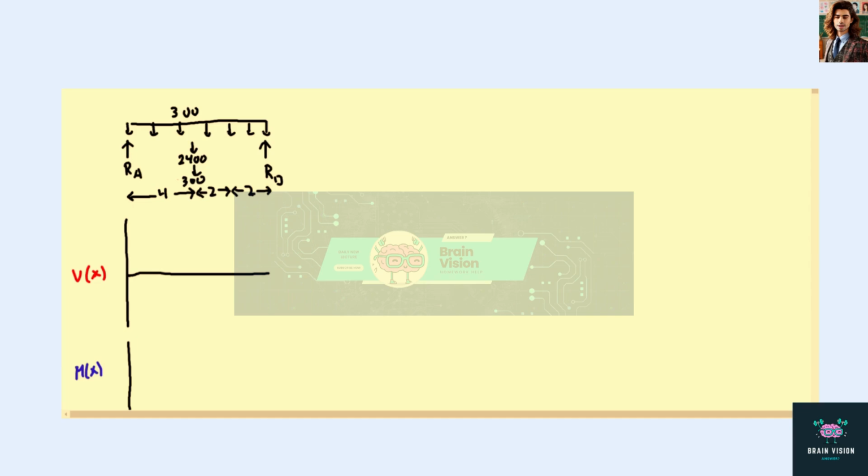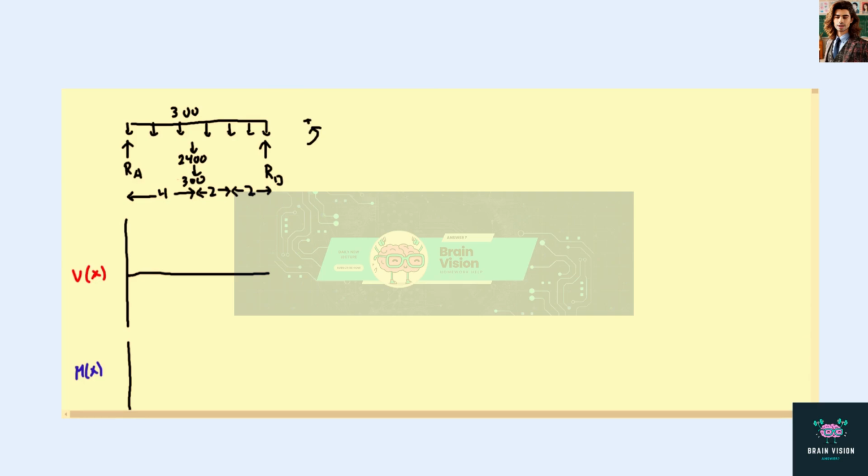Now they are acting at the same point here. And when we consider the 300-pound applied load as a couple, we will change its location. But for now, we've got our four forces: our uniform load, our applied load, and our two reaction loads.